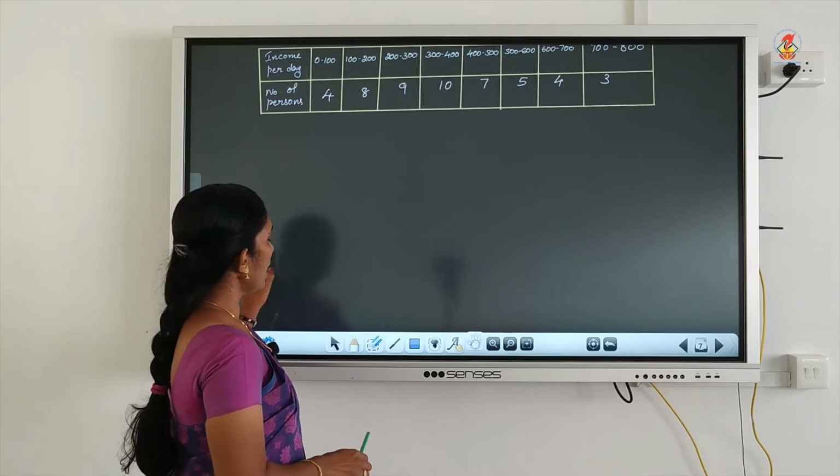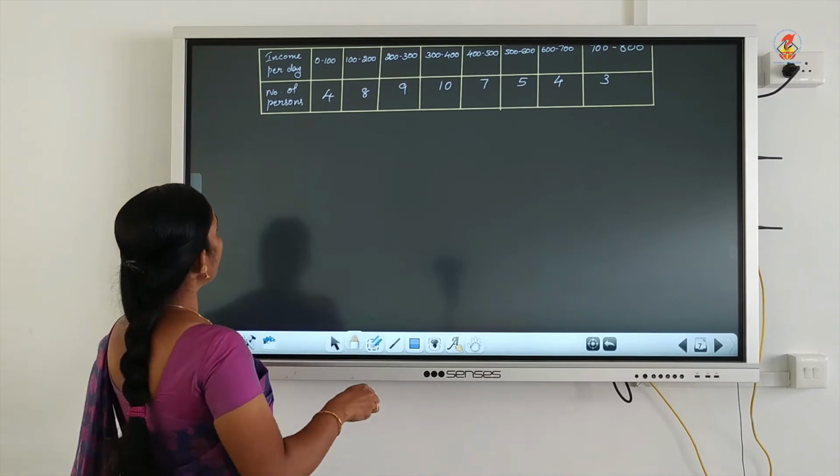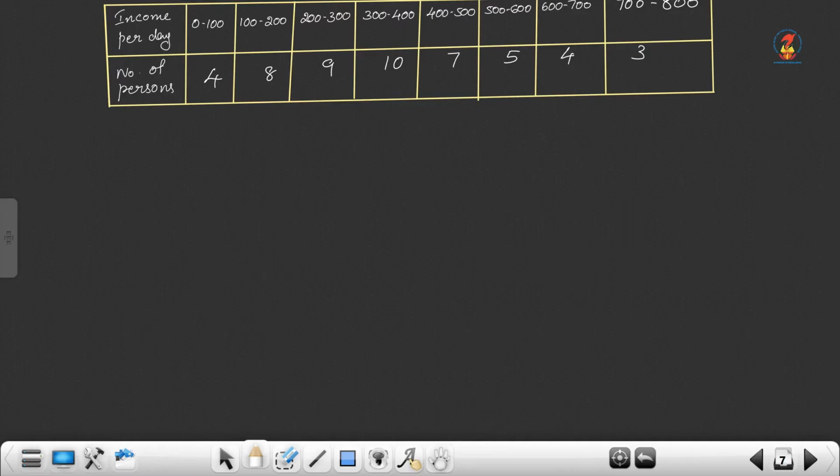So, we can write these in a table. The first column I am writing as xi. Xi means the mid value. The next is frequency fi.